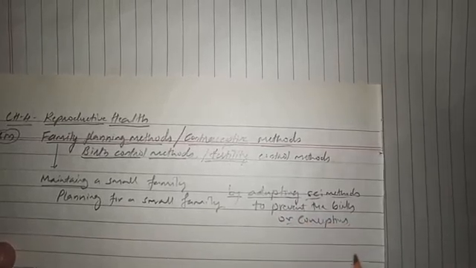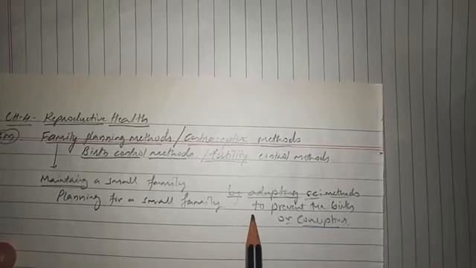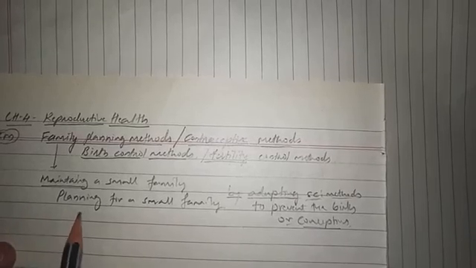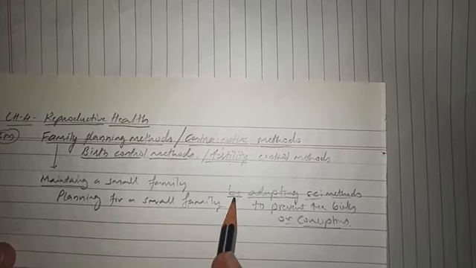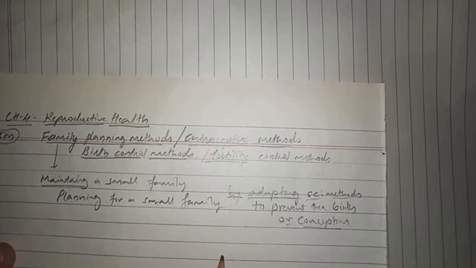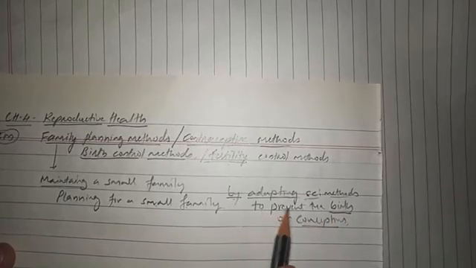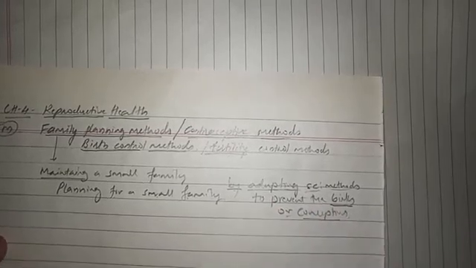This is what we call the family planning method, or fertility control. In very simple terms, planning for a small family by adopting scientific methods of birth control, used to prevent the birth.